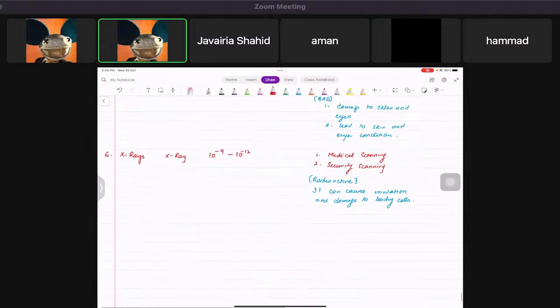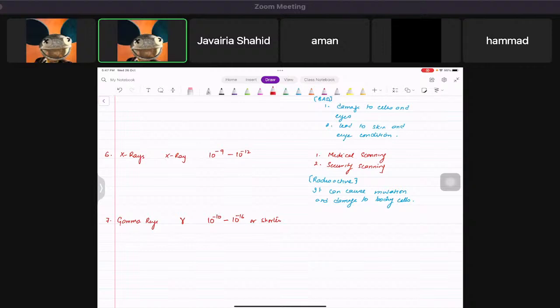Then number 7 is the gamma rays. Gamma rays symbol is like a ribbon like this, and gamma rays can be 10 raised to power minus 10 to 10 raised to minus 16 or shorter. So they can be even shorter wavelength from here.